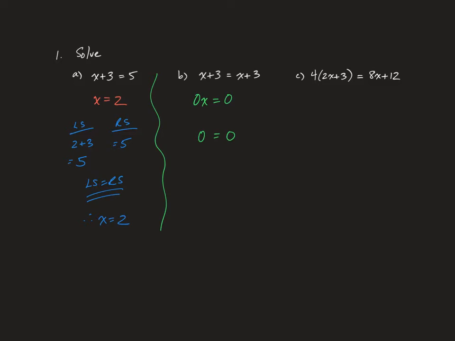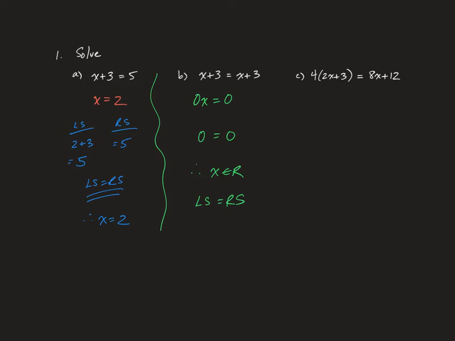And when does 0 equal 0? The answer would be always. And so therefore, what we end up getting is a solution that x could be any real number. That being said, the left side always equals the right side, regardless of the value of the variable.